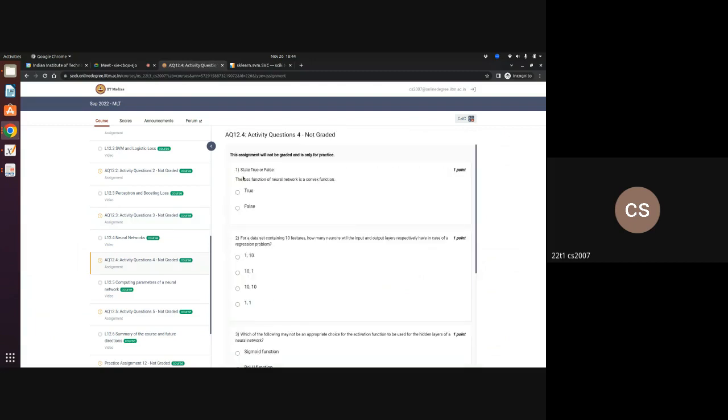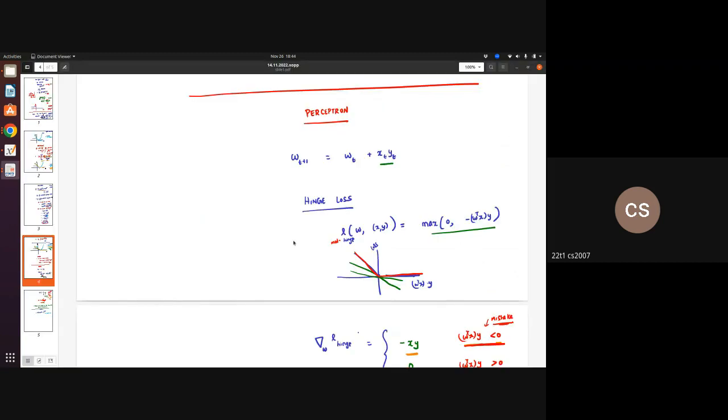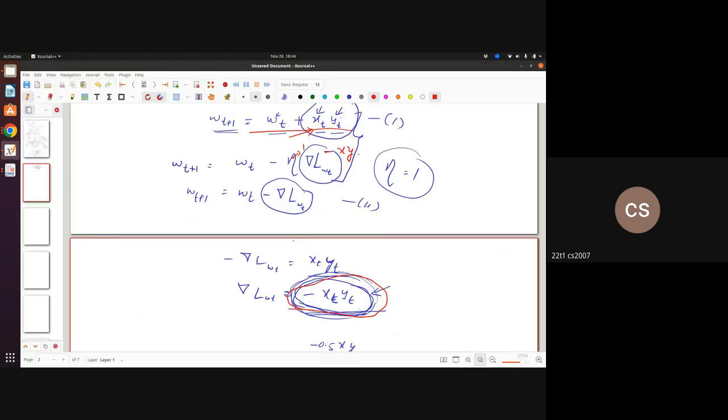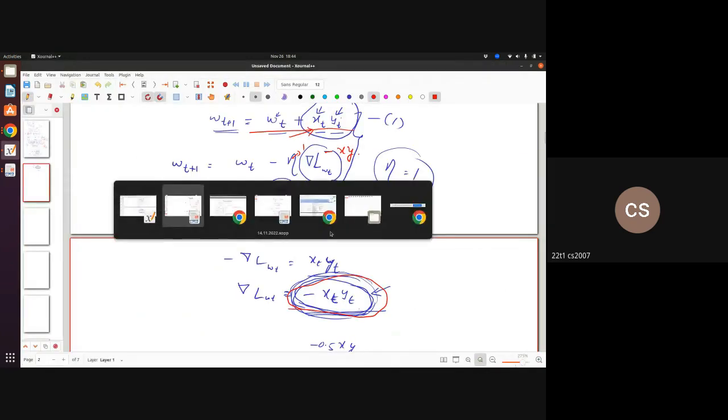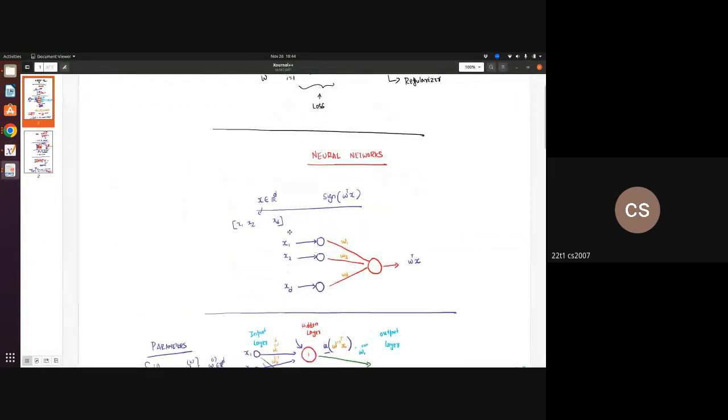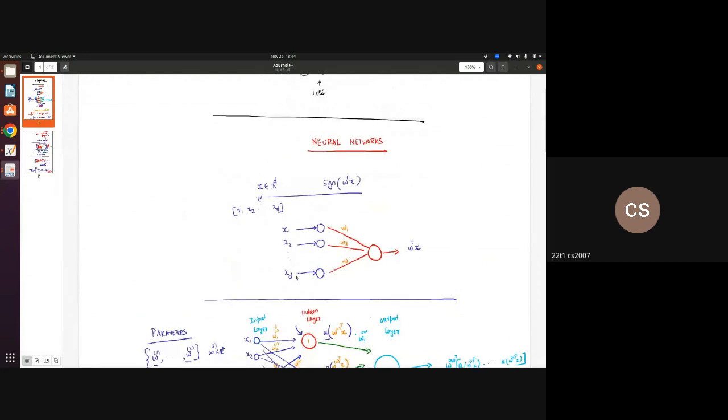Okay, so the next one, the loss function of neural network is a convex function. In neural networks, as we know, there are several layers, right? This is the input layer, this is the hidden layer, and this is the output layer.